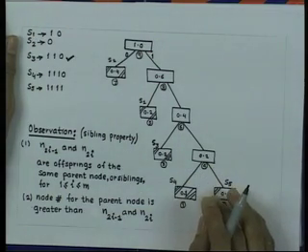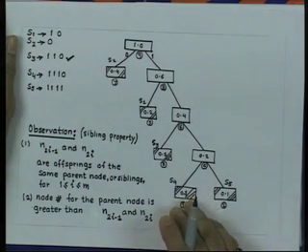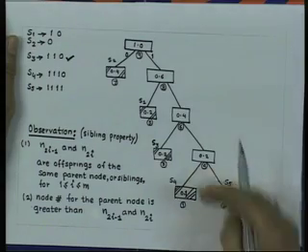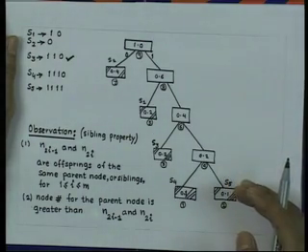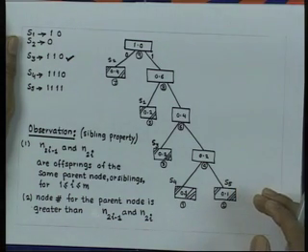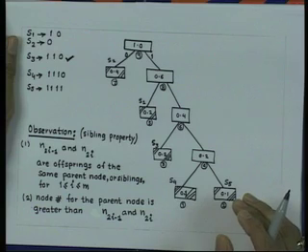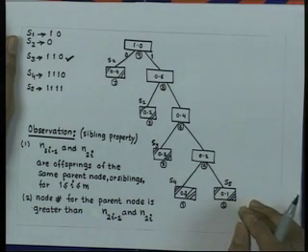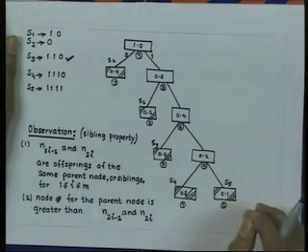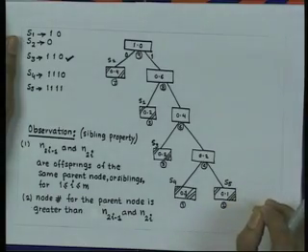Node numbering is done from left to right, bottom to top. The root node gets the maximum node number, that is 2m minus 1, and it also satisfies the requirement on the weights of the form W1 less than or equal to W2 less than or equal to W3 less than or equal to W 2m minus 1.